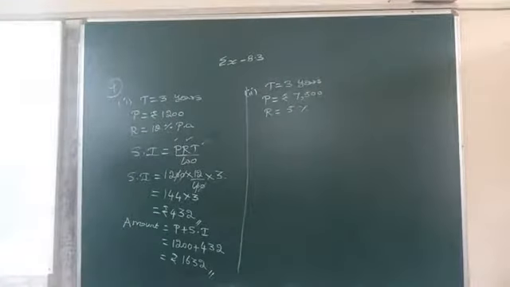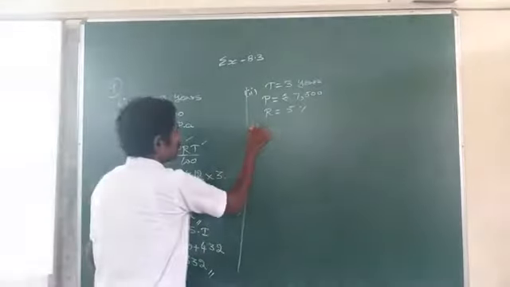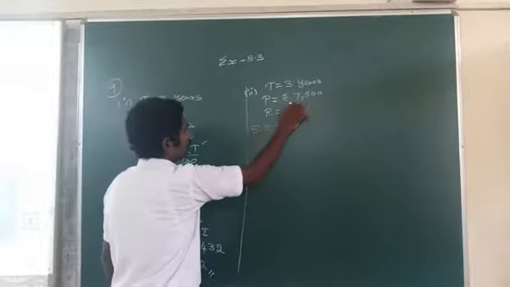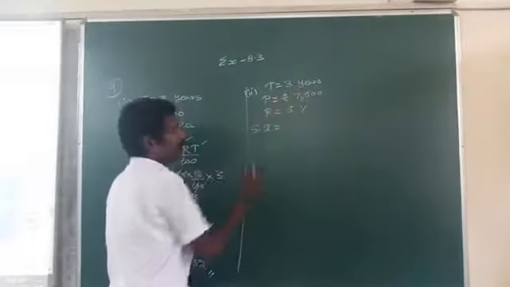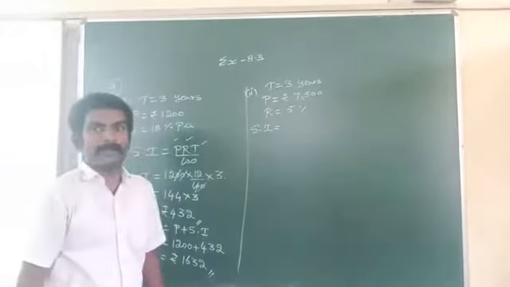So what is the amount you will get at the end of 3 years? First find the simple interest for 7500 for 3 years at the rate of interest 5% per annum.